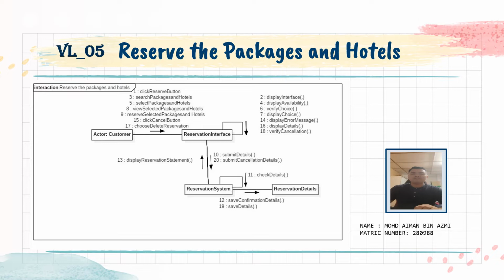The reservation system will receive processes from the reservation interface, which are submit details and submit cancellation details. However, from reservation system to reservation details, it consists of 3 processes, which are check details, save confirmation details, and save details. Okay, that's all from me about the communication diagram. Now I will pass to the next group member to continue this explanation.